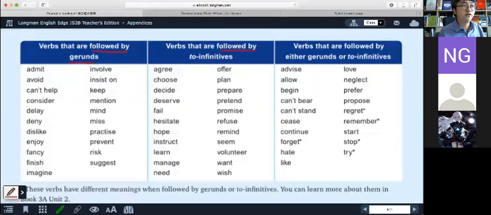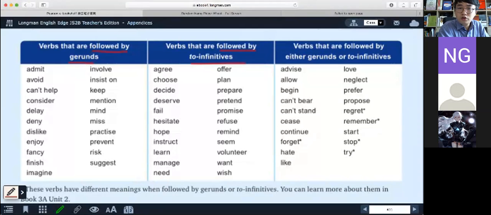Like here, for the second column, they can only be followed by to-infinitives. Like here for the first one, I agree. I agree to do something is okay. But can you say I agree doing something? No.